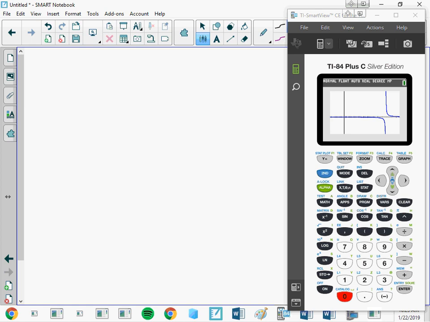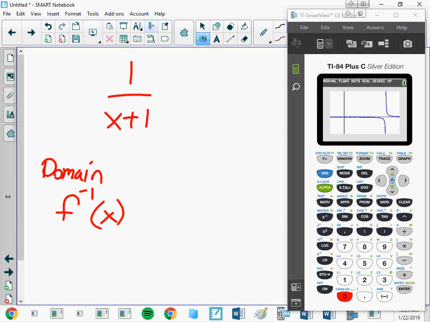Number 5, 1 over x plus 1. We want the domain of f inverse of x. Okay, lots of things going on here. The domain of the inverse is always equal to the range of the original.